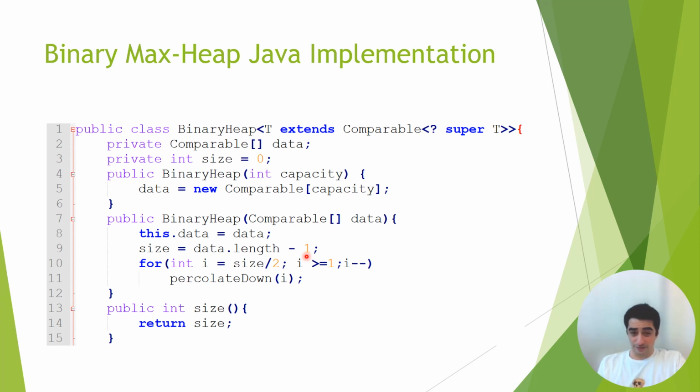So the length of the array is 1 more than the size. Then in this for loop, it starts percolating down from the deepest internal node all the way to the root. And after it finishes its operation, you have a binary heap with all the elements stored in the data, which was the input parameter of the constructor. I'll go over this one more time when I talk about the build heap operation for the heap sort. The size is a public getter for the size private instance field.